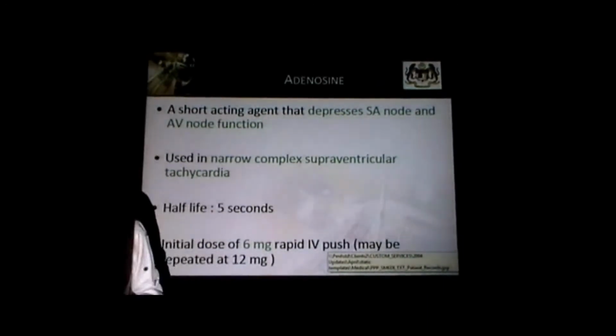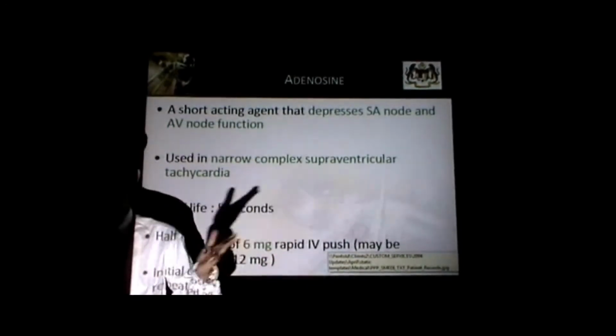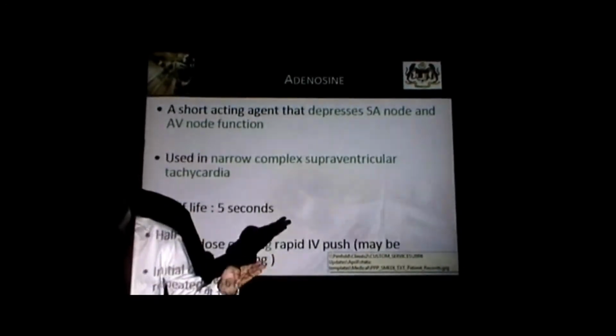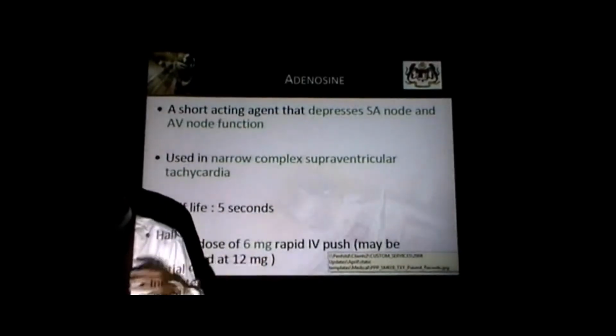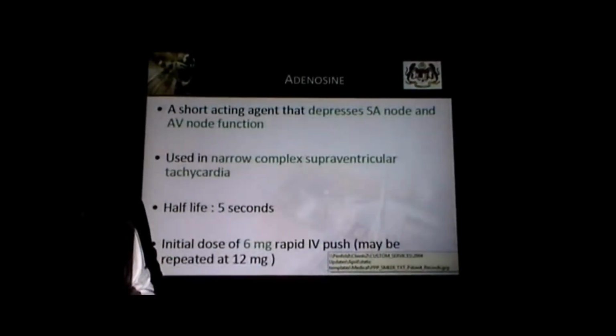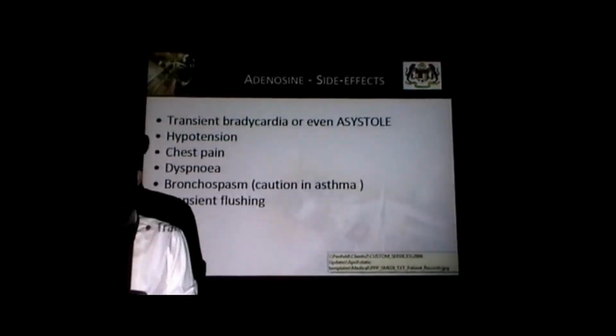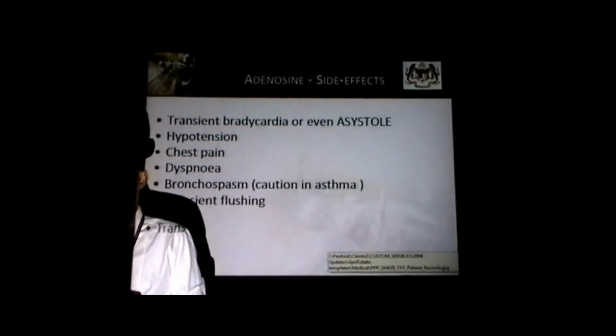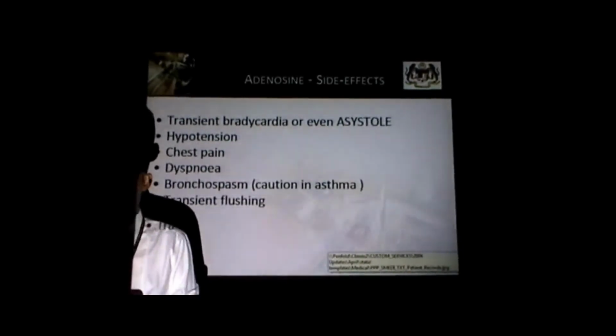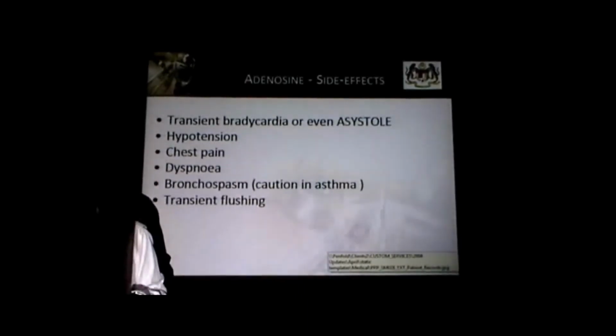But again, you can use 6, 12, 12. The first dose is 6 mg. It failed, then 12, then the third dose is 12 mg. And if failed, then you have to convert to verapamil, or next is your famous amiodarone. Alright?